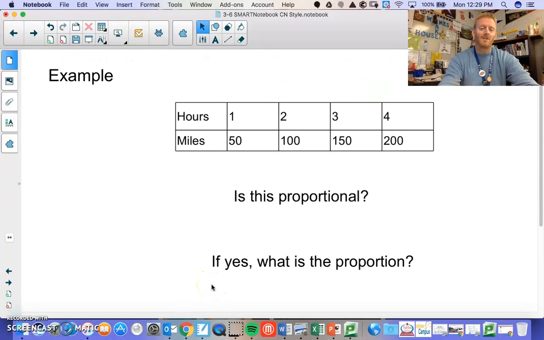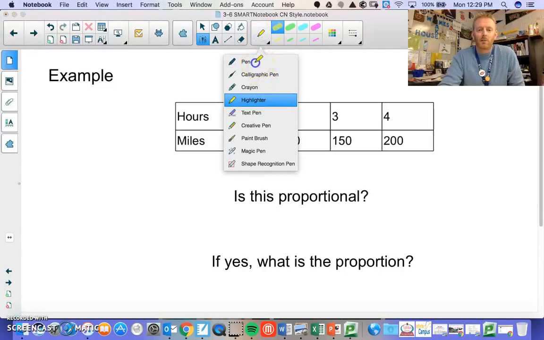Anywho, examples that you will see in your assignment or on the test are going to be like this. They're going to ask you, is this relationship proportional? The number of hours that we drive and the number of miles that we drive. What we're going to do is look at things just like we did with the previous lesson.